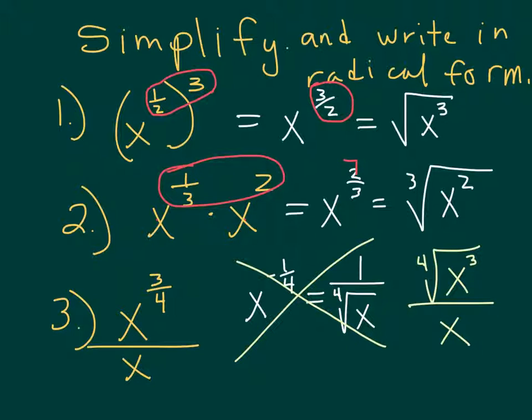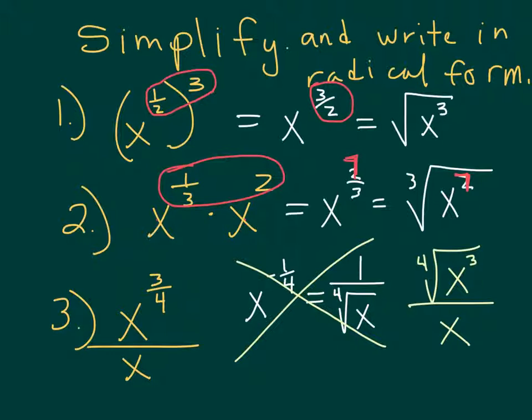So this should be a 7 here, and that would make this a 7 under there. Because remember, we have to add the exponents when we are taking a base and multiplying them together.